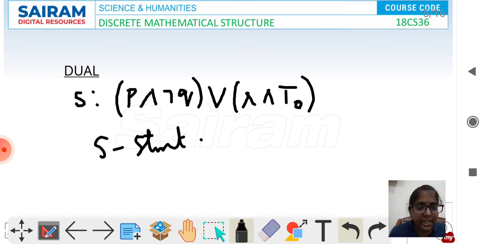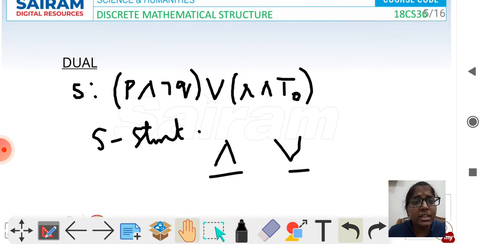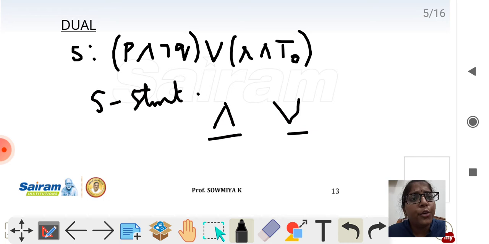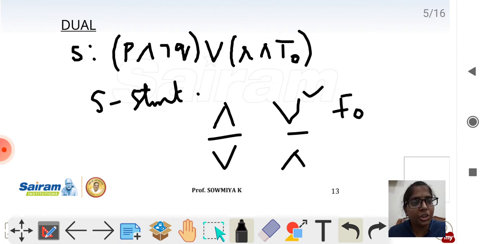It should contain only the logical connectives cap and cup, not any other connectives. Whenever there is an occurrence of cap, you have to replace it by cup. Whenever there is an occurrence of cup, you have to replace it by cap. Whenever there is a contradiction, replace it by tautology. If there is a tautology, replace it by contradiction.